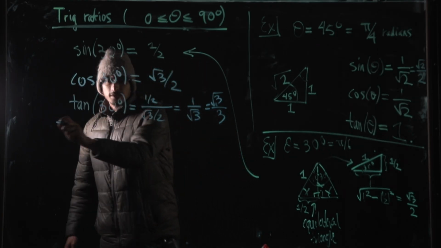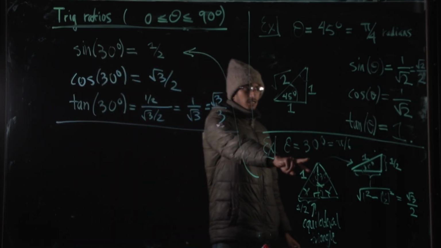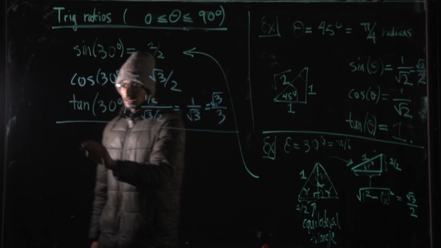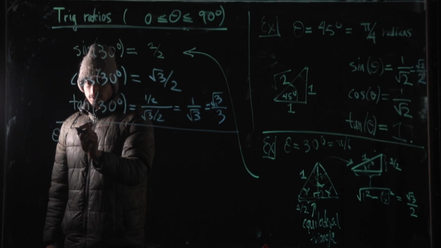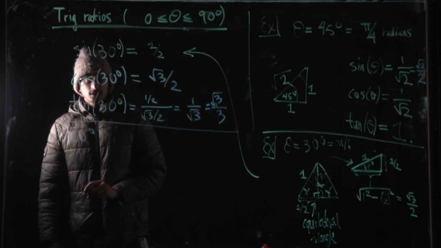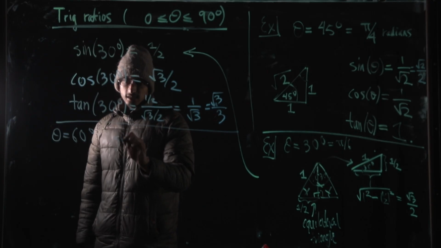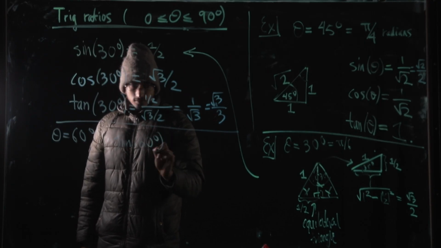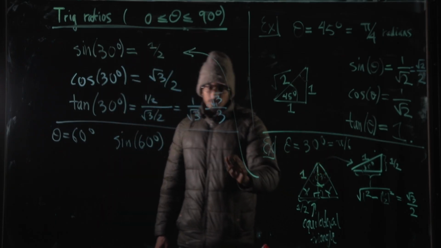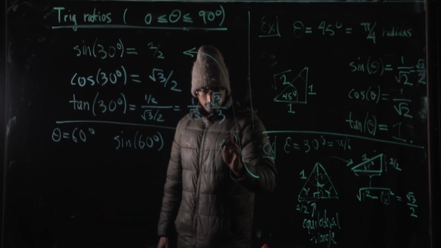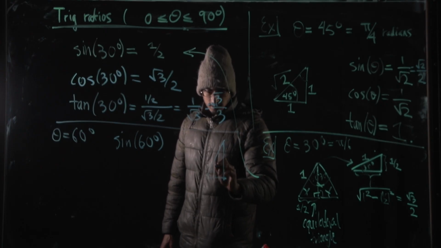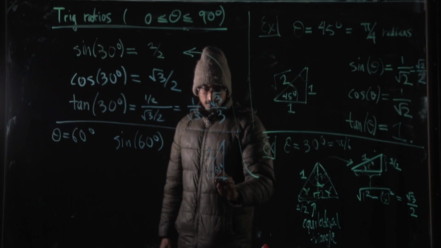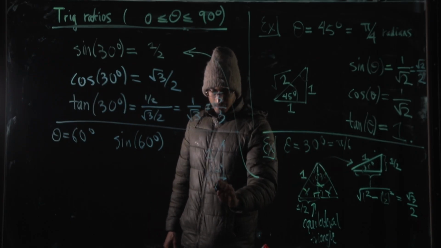Lastly, this triangle allows us to figure out what sine, cosine, and tangent are for theta equals 60 degrees. If theta equals 60 degrees, then the sine of 60, I'm going to draw the same triangle I had over there. This is 60 degrees. This side is 1. This side is 1/2.